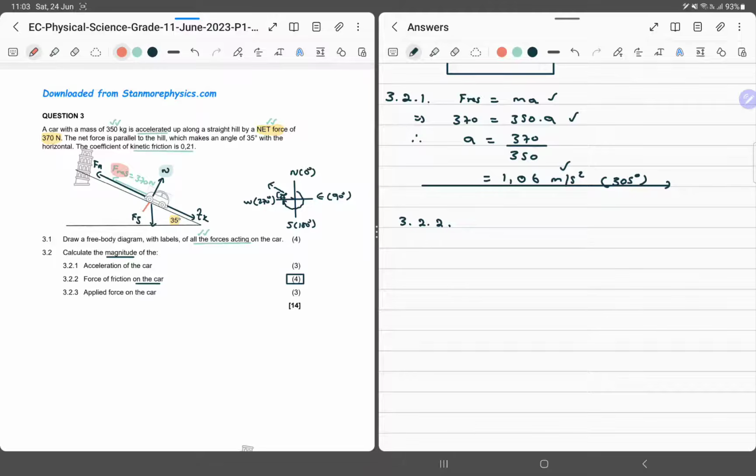So the weight will have an Fg perpendicular, and then it will also have an Fg parallel. We know these are perpendicular components of the weight, meaning they are perpendicular to each other. So we've got Fg parallel, downslope. So we need to find Fg perpendicular, because Fg perpendicular is perfectly balanced with the normal force.